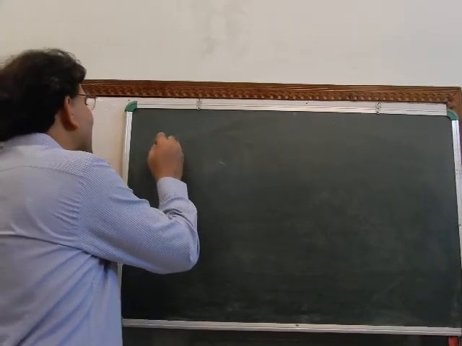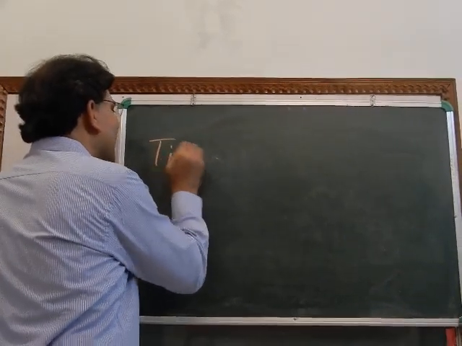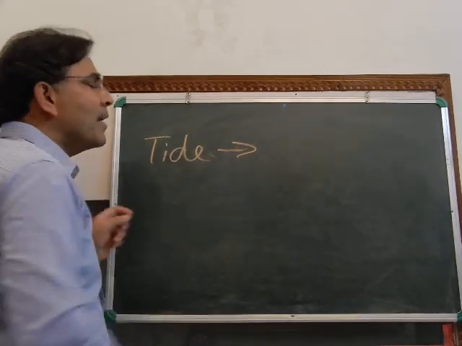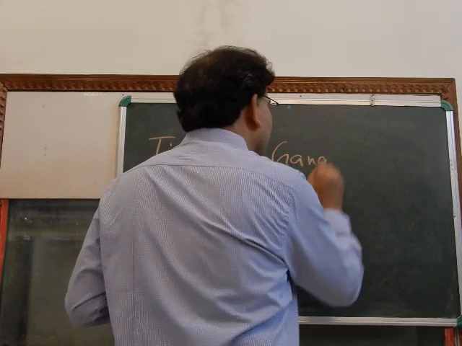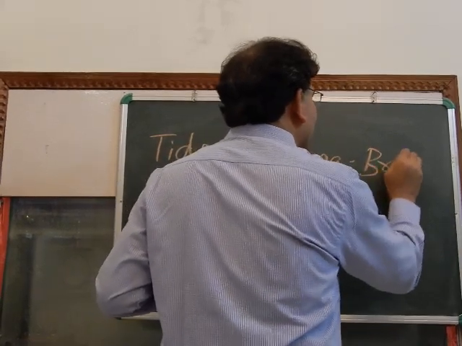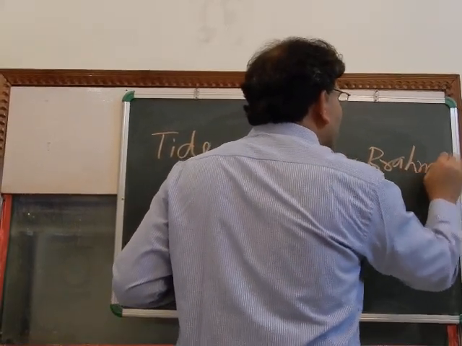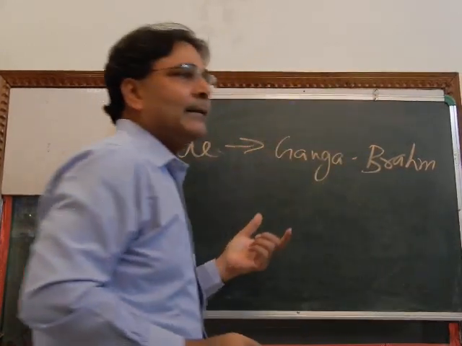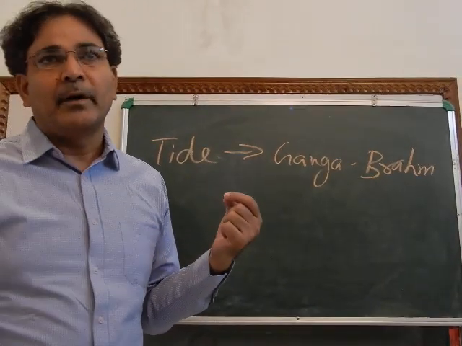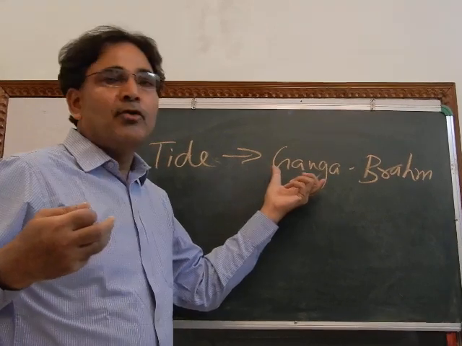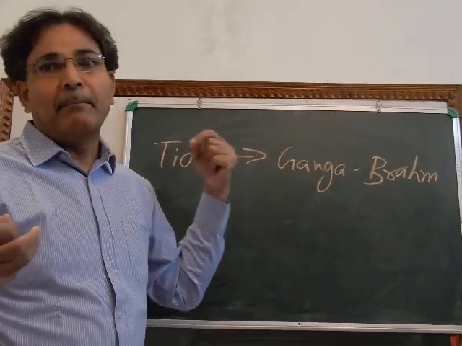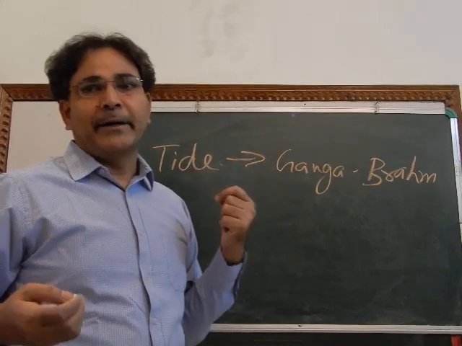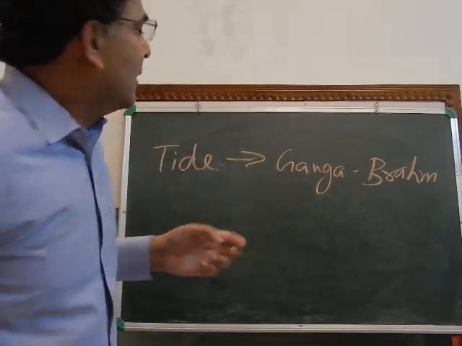The second type of delta is the tide dominated delta. The example of a tide dominated delta is the Ganga Brahmaputra delta. We are all familiar with this: the Ganga Brahmaputra delta is the largest delta of the world, known as the Sundarban delta, and the rivers drain into the Bay of Bengal. This is a tide dominated delta.